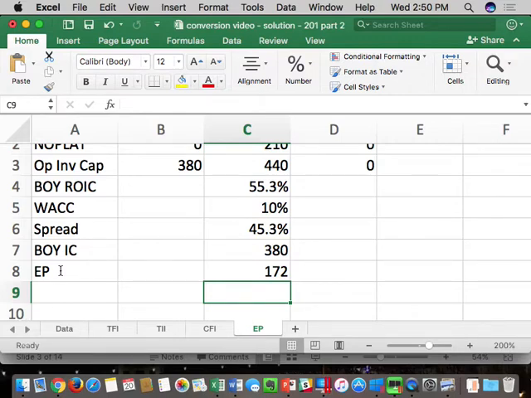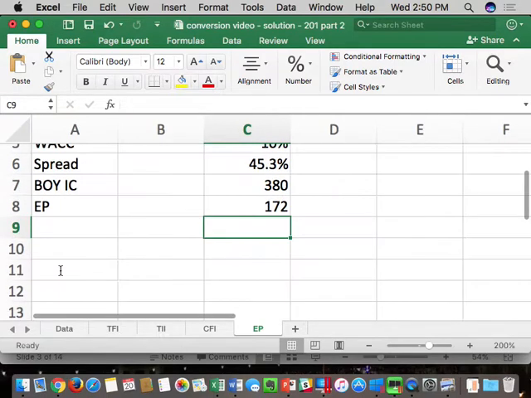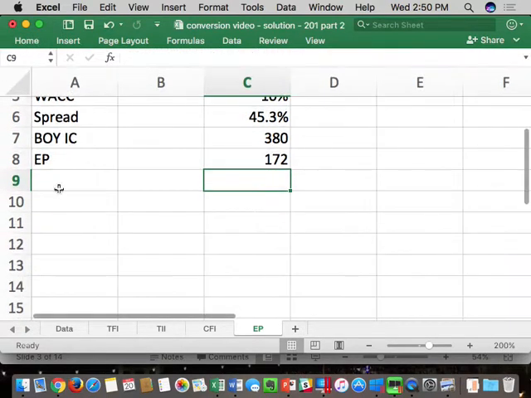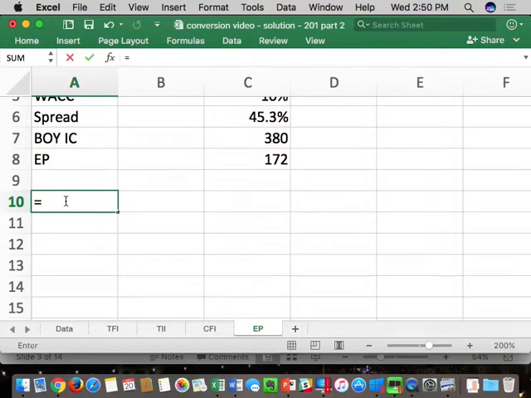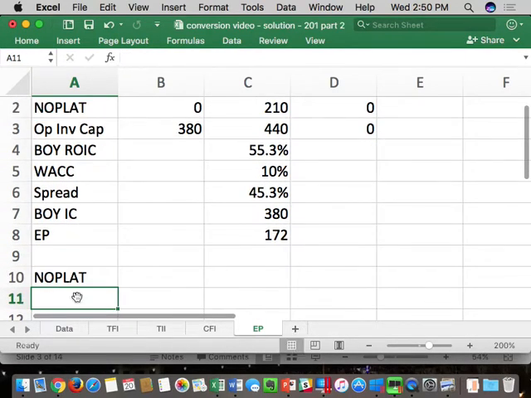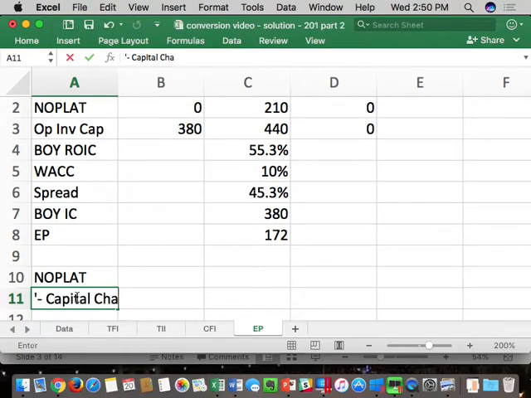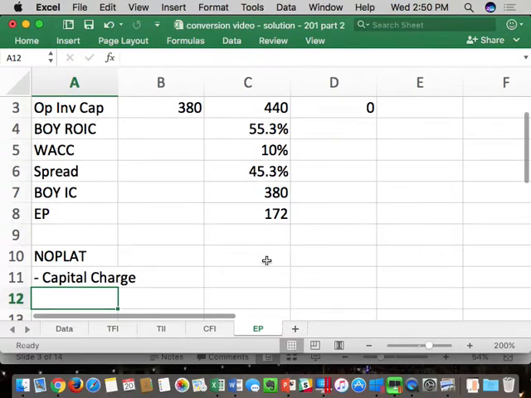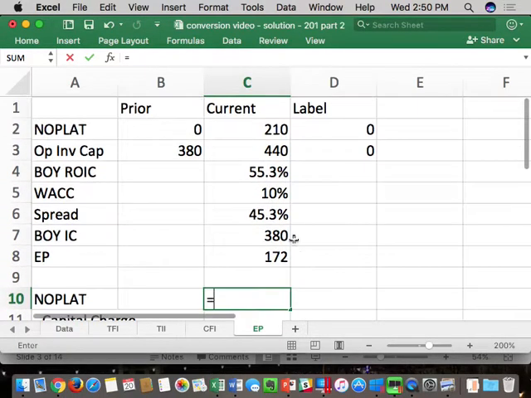All right. Here's the second method. Method number 2. I take my NOPLAT. I then subtract something called the capital charge. My NOPLAT is 210.